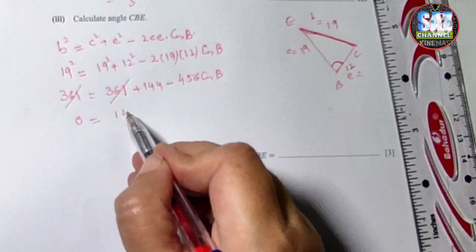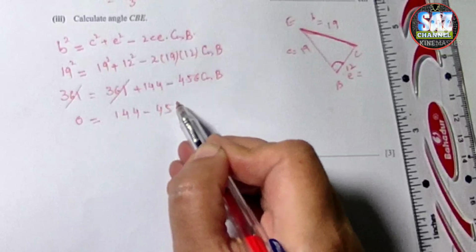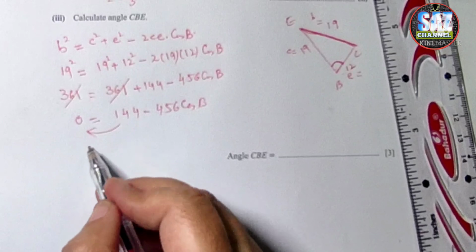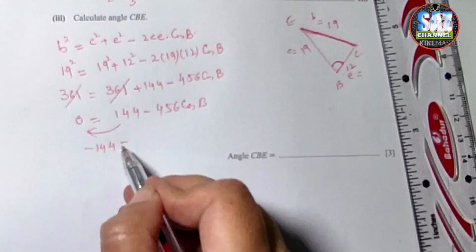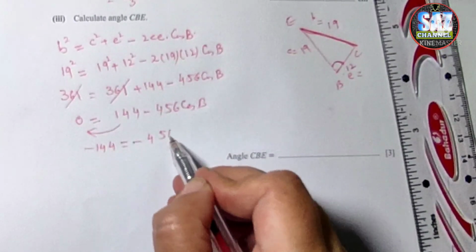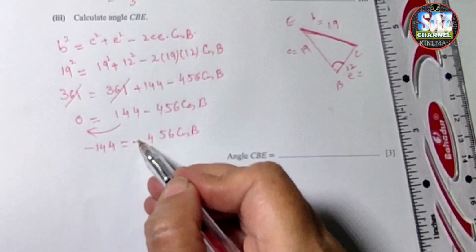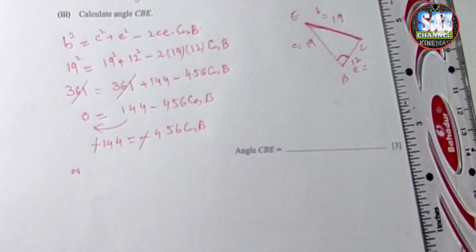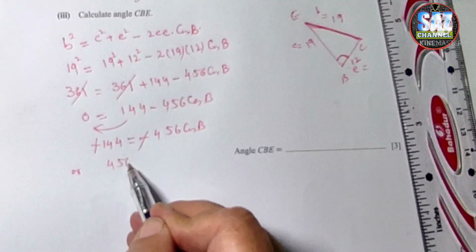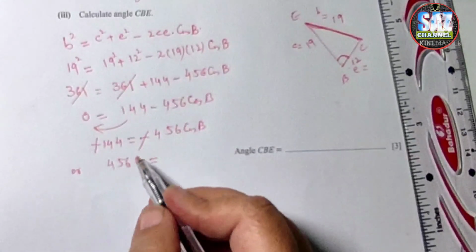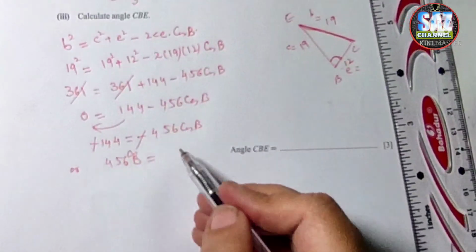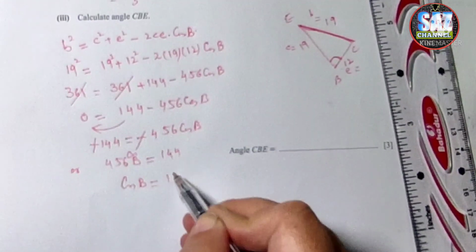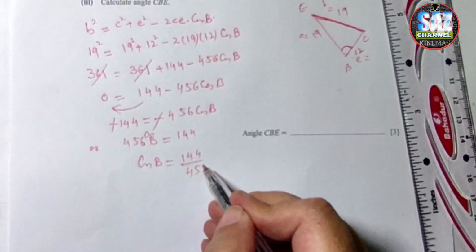It equals 144 minus 456 cos of angle B. Shift 144 to the other side: minus 144 equals minus 456 cos B. The minus sign can go, and I will have 456 cos B equals 144. Cos B equals 144 over 456.